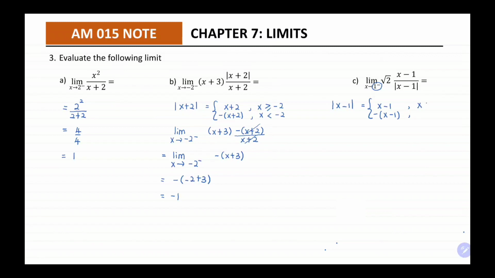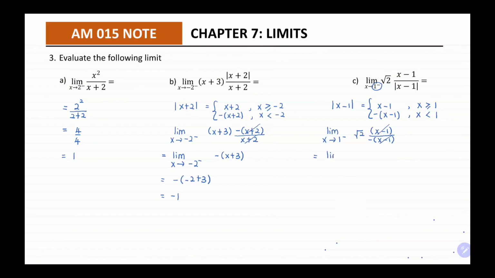Positive for x greater than or equal to 1, taking the value inside the modulus, and negative for x less than 1. Okay, now we want to find limit x approach 1 from left. 1 from left means we must take the function for x less than 1. So square root of 2 times x minus 1 divided by the function less than 1, which is negative x minus 1. Okay, then we cancel out.